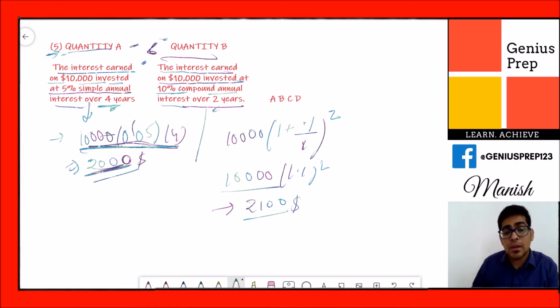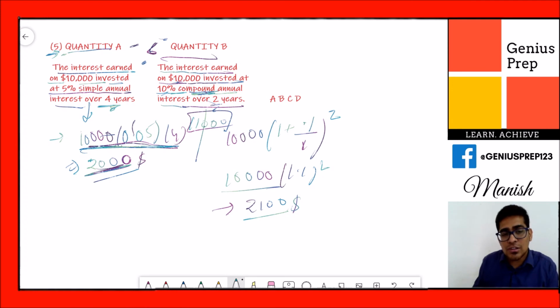Here we are using compound interest. In compound interest, every year the interest is based on the new value we got after the first year. For the first year, the base value will be $10,000, and for the second year the base value will be 10,000 plus 10% of this, that means $11,000.